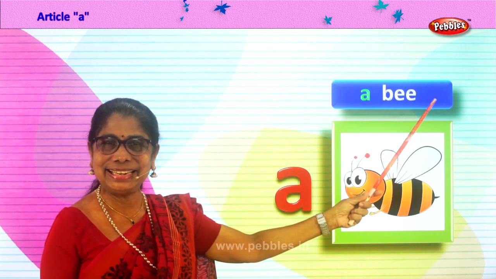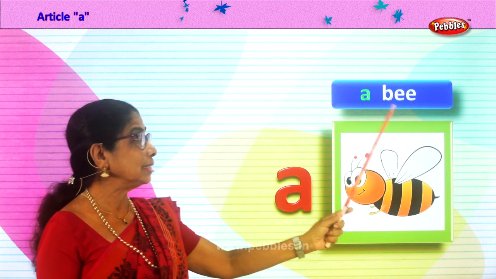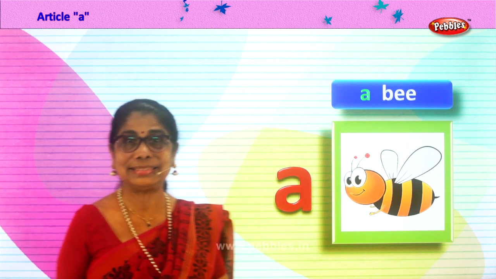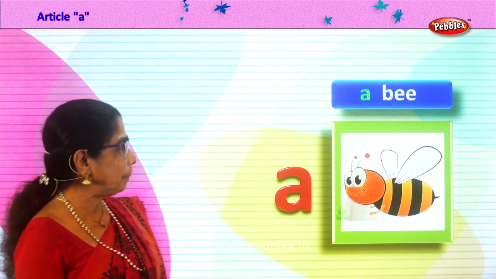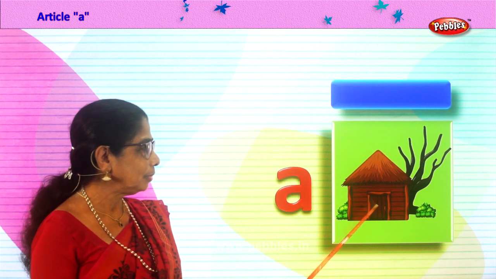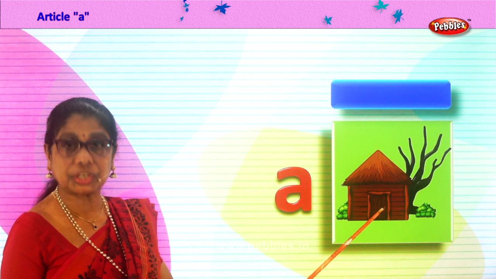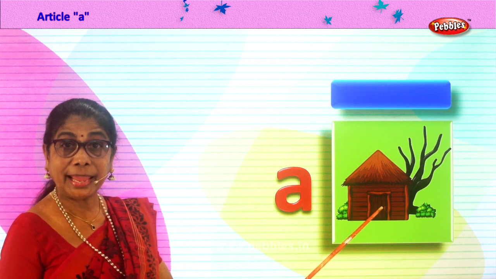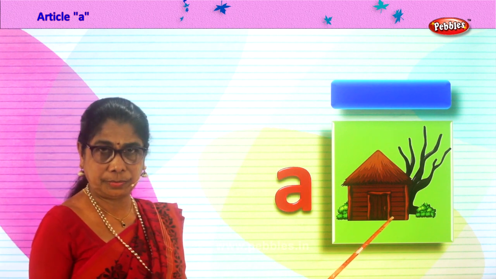Yes? Isn't it interesting? Use of article A before consonants. Look at that. B is a consonant. Good. Let's look on to another picture. Look at this picture now. Article A. What is this? A hut. Spell hut. H-U-T, hut. Now read. A hut. H is a consonant.